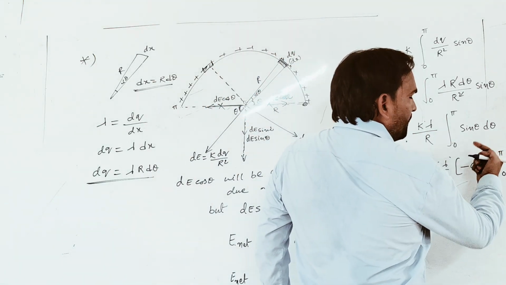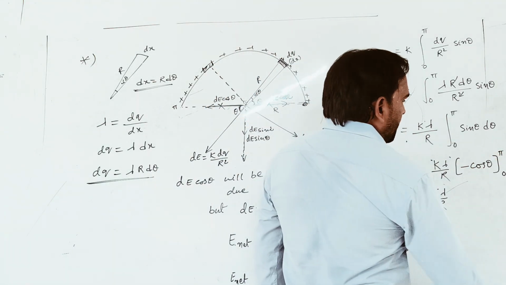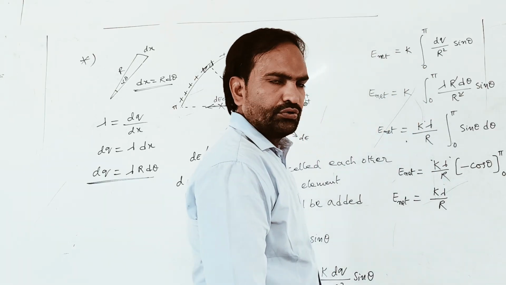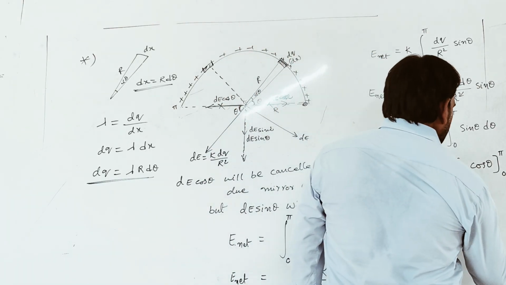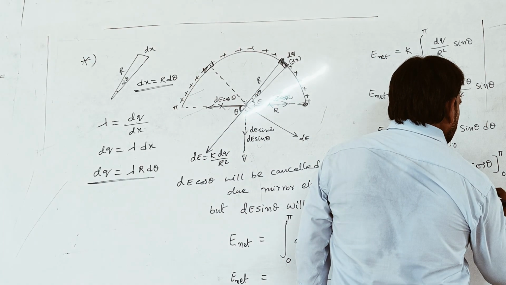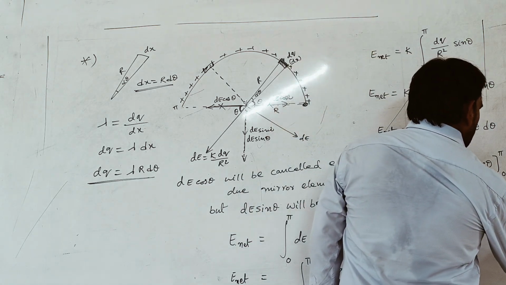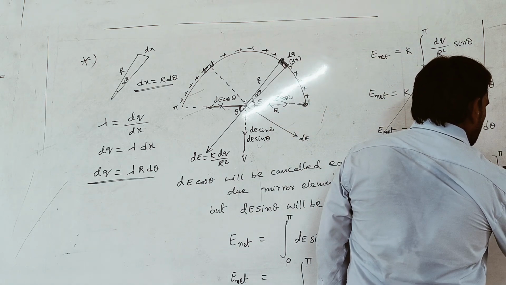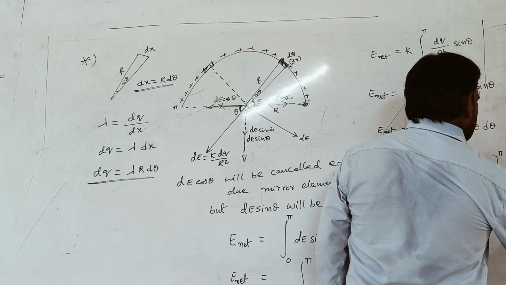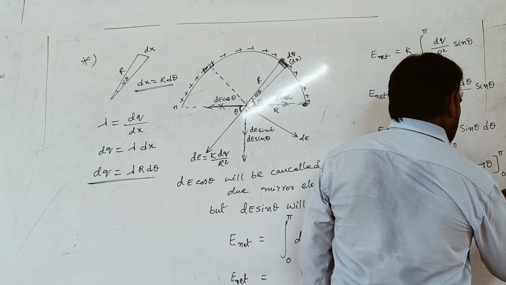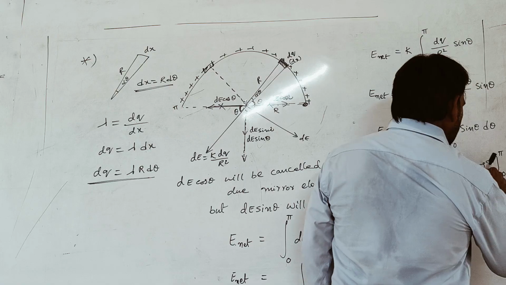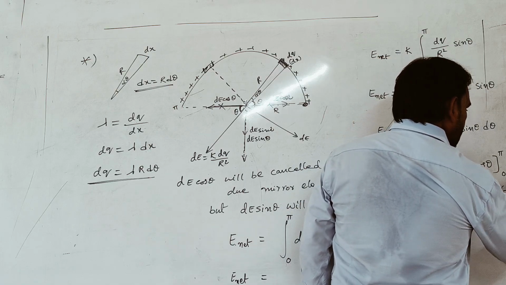Upper limit, what is the value? Pi is 180 degrees and the lower limit is 0 degrees. So minus cos theta, upper limit minus lower limit. Okay, students? Observe carefully, don't confuse.